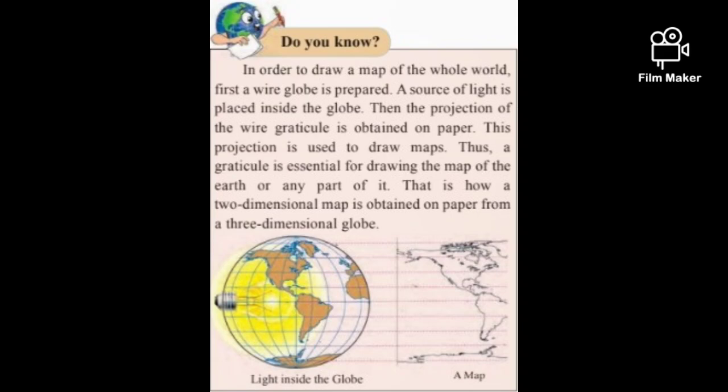That is how a two-dimensional map is obtained on paper from a three-dimensional globe. A globe is a three-dimensional object, and with the help of a globe, we can draw a two-dimensional map. I hope you understood this first part of the lesson, that is comparing a globe and a map. Thank you.